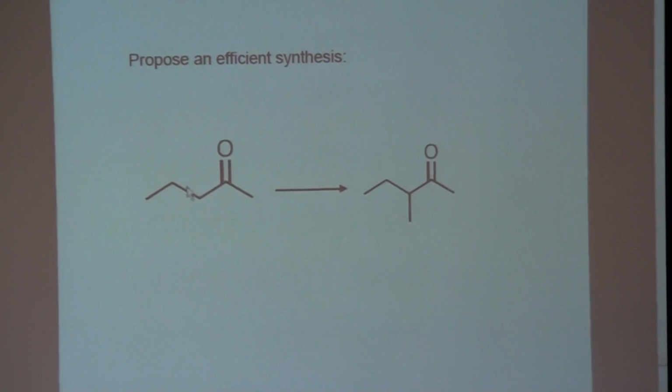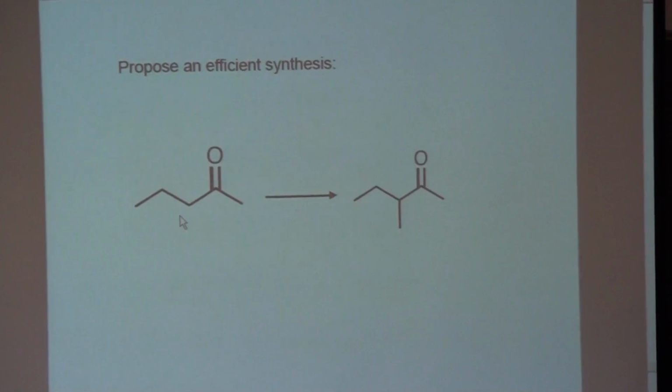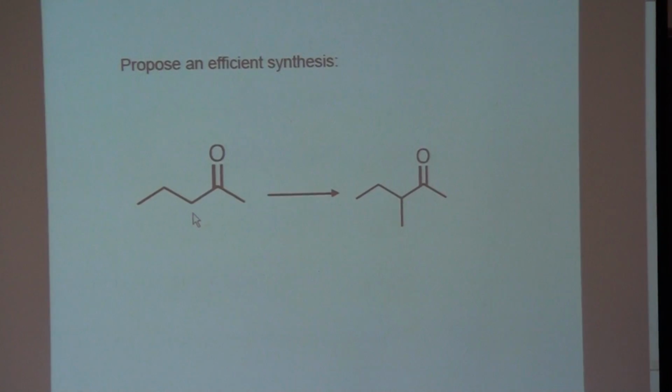We can remove that acidic proton with a strong base. Then we have a lone pair here, which forms a nucleophile, and that can react with carbon. Yes, that's one way to do it.